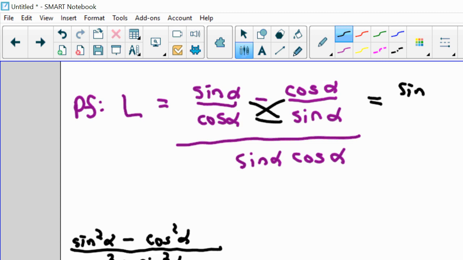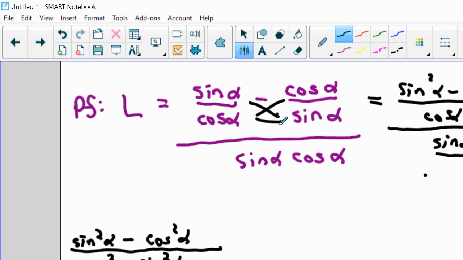I get sine squared alpha minus cosine squared alpha over cosine alpha sine alpha, criss it, cross it, applesauce it, over sine alpha cosine alpha over 1. Now what I'm going to do is copy, dot, flop.